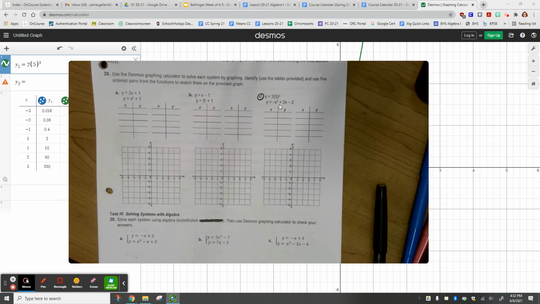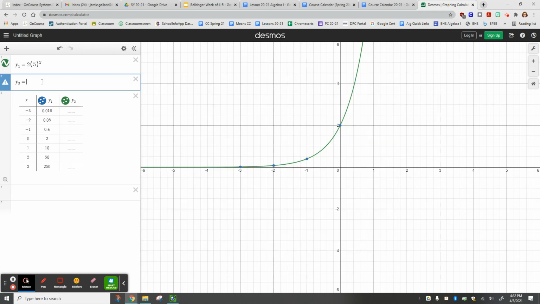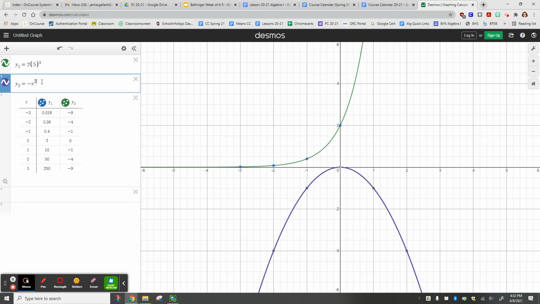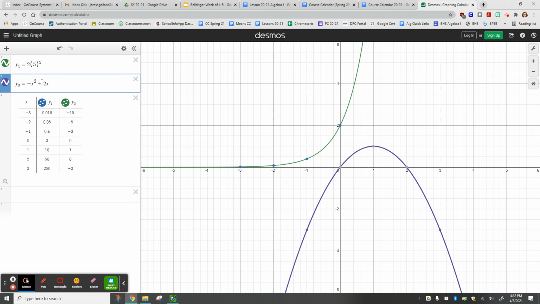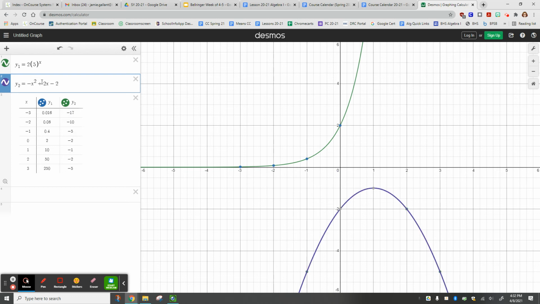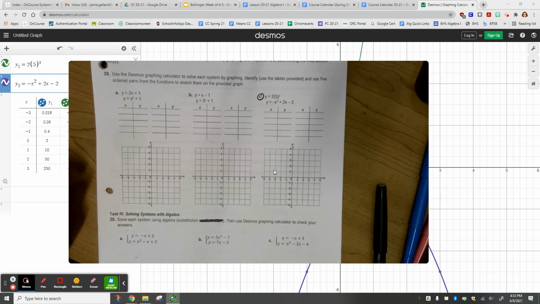All right, for y2, our second one, we're going to do -x squared plus 2x minus 2. Okay. So we've got some points that we can choose to graph by hand.